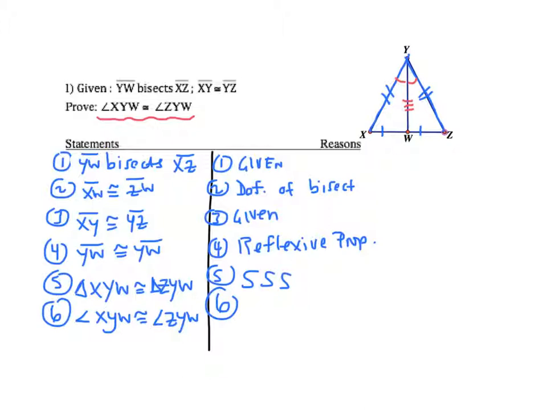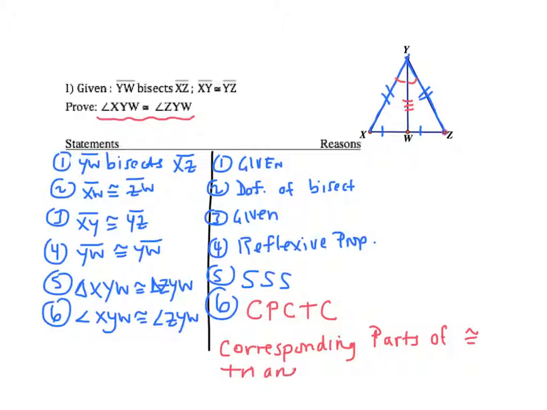And again, the reason is going to be CPCTC, corresponding parts of congruent triangles are congruent. You don't have to write out all the words. You can just write out CPCTC, but make sure that you understand what it stands for. And again, this can only be used if beforehand you prove two triangles to be congruent.